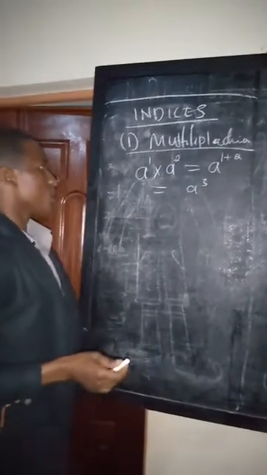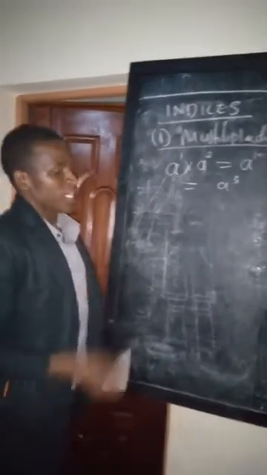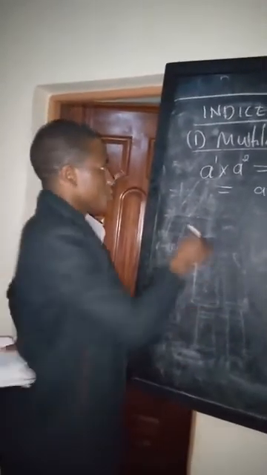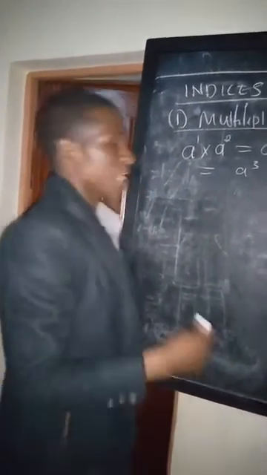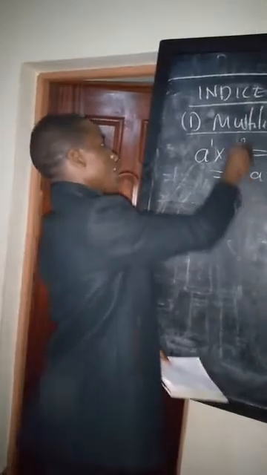We can prove this one because initially in our O levels we found that if a number is raised to a power, it means it's the number multiplying by itself the number of times equal to the power.